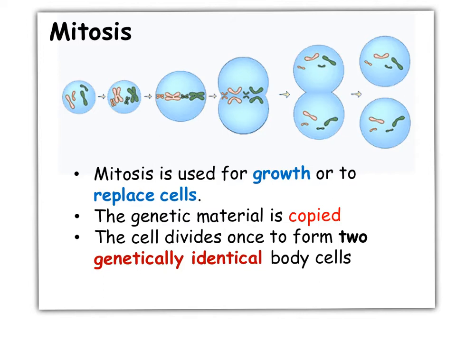So the first thing that happens is we start with the parent cell, and again all the genetic material is going to double. The chromosomes then line up at the equator, and then spindle fibres attach to the chromosomes and pull them to opposite poles of the cell.